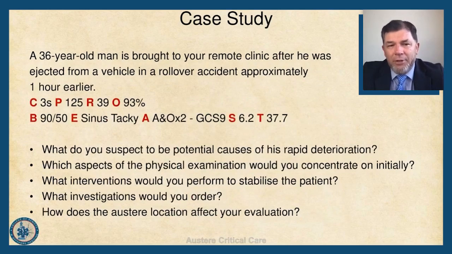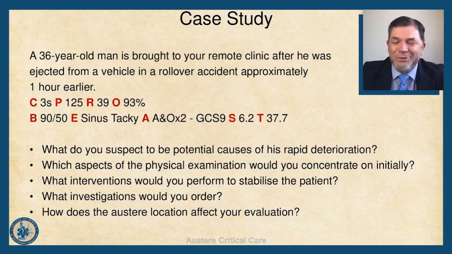We also have, besides the primary vital signs of CPRO, the secondary vital signs, which are the five ones that take a little longer to get. So we use BEAST to remember. B is blood pressure, E is your ECG, A is your alert status, S is your sugar levels or BM levels, and T is your temperature.